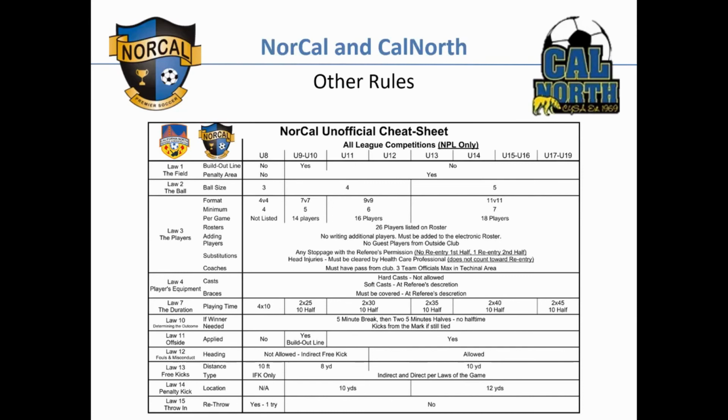The U14 under NorCal, they play 2x40 minutes, and the reason NorCal decided that was more to be in line with DA games. As in, if I'm not mistaken, Cal North, they play 2x35-minute halves. Other than that, the way we handle things, as far as the time frame is concerned, is the same. Build-out line definitely the same, and so forth.